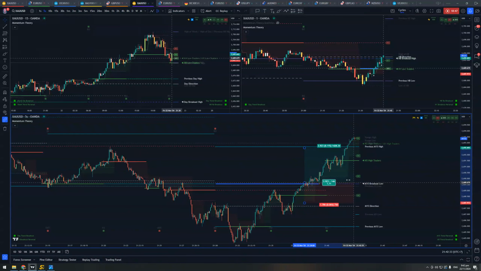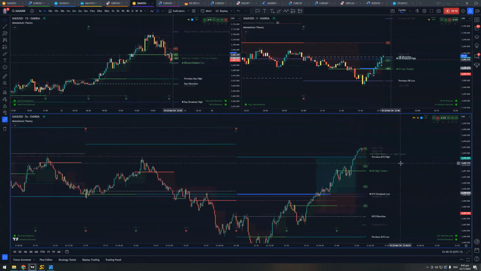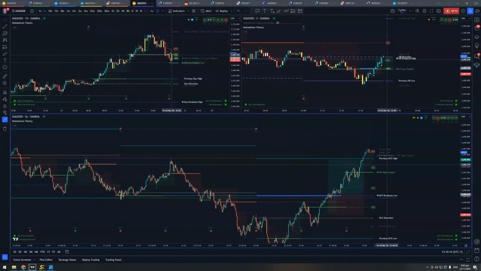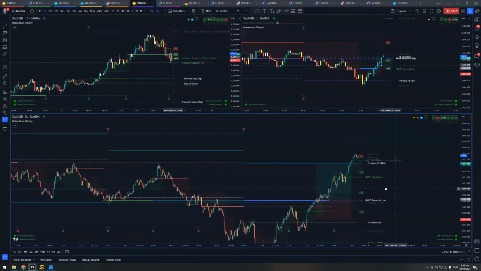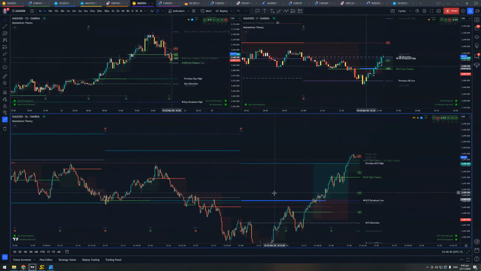So about 1.7 R on this move. And I took 85% partials on this. So that's one trade done.